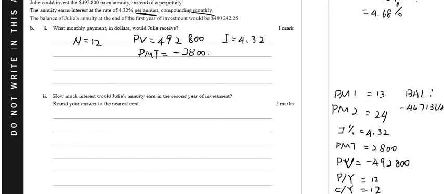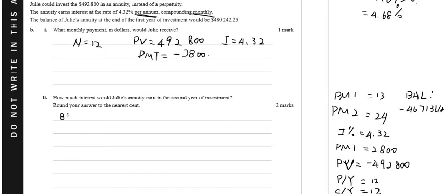So first is to find out my balance in the second year. That's 467,131.14. The balance in the second year minus the balance in the first year is the reduction.